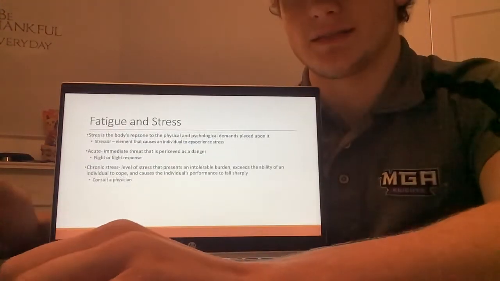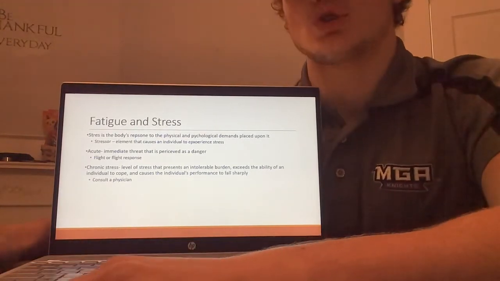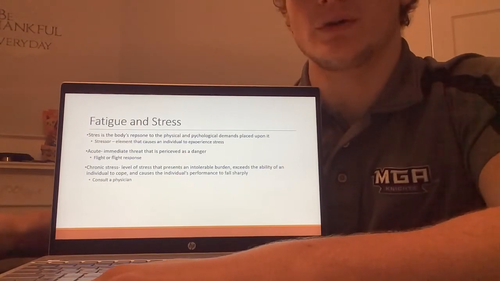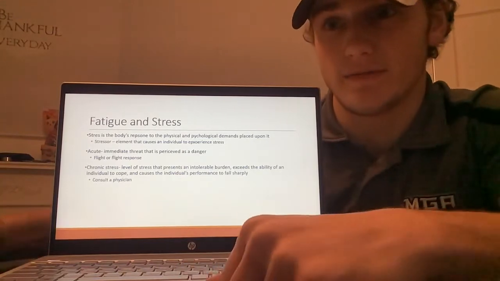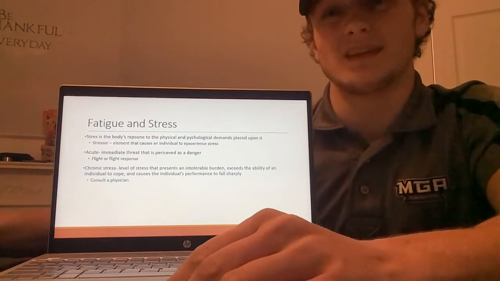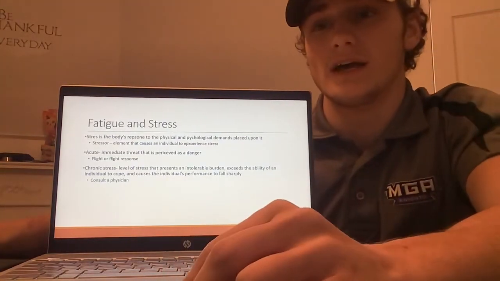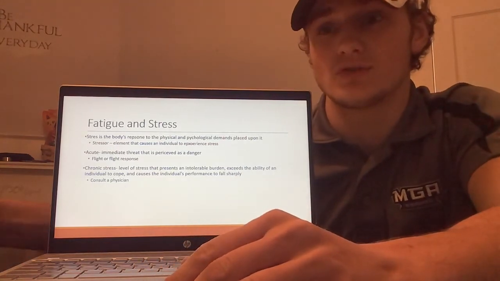The next thing that can really affect pilot performance is fatigue and stress. Stress is the body's response to the physical and psychological demands that are placed on it in everyday life. What can cause these things is what's called a stressor, and that's anything that can create that stress in our life. There are two different kinds of stress: acute stress and chronic stress.